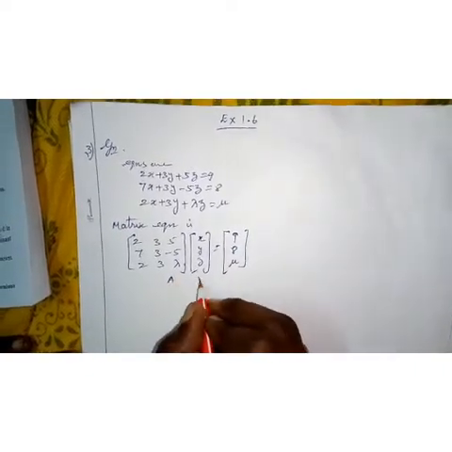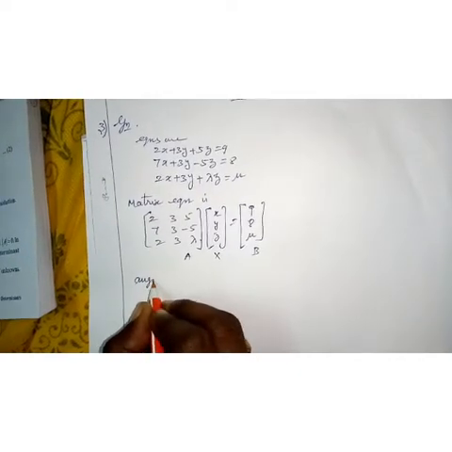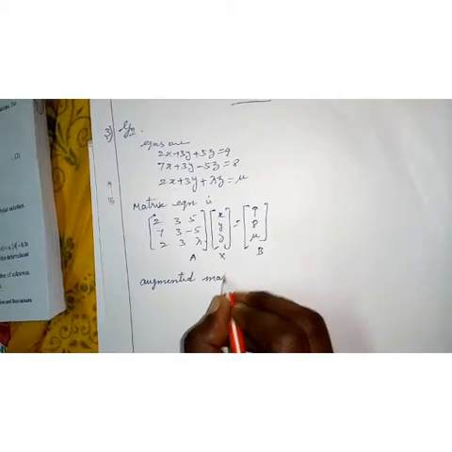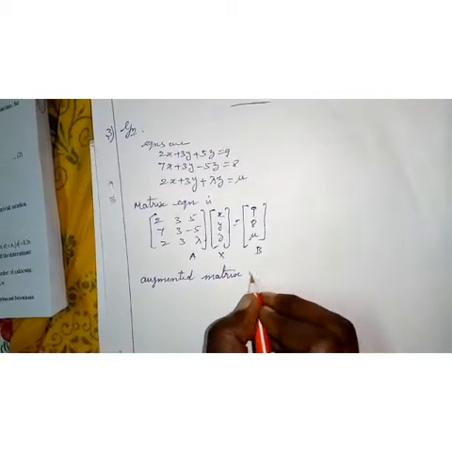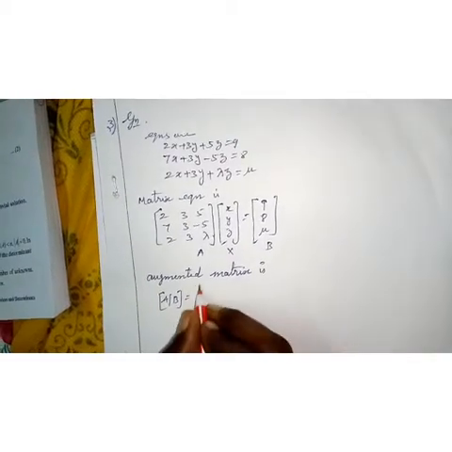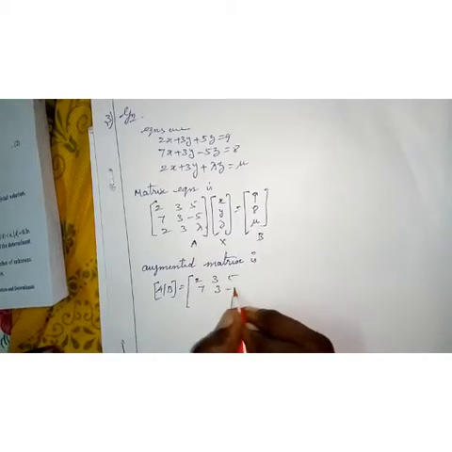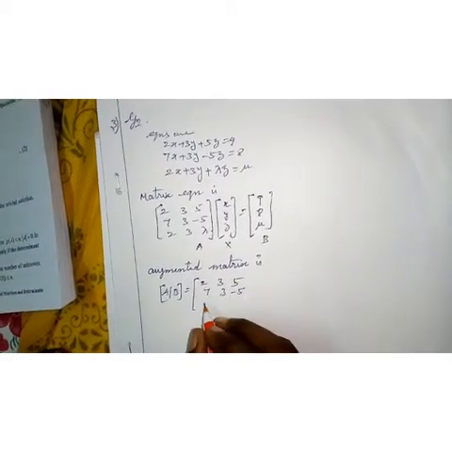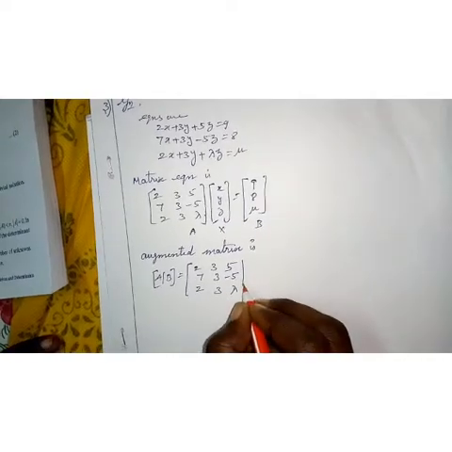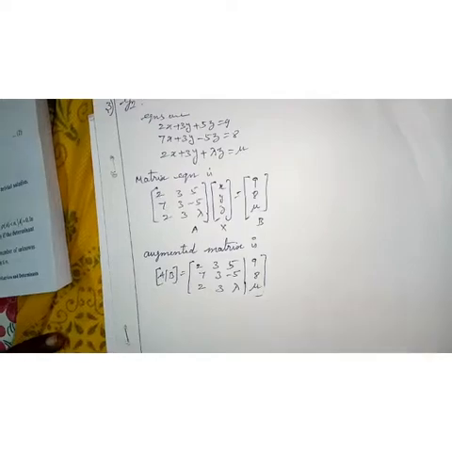Now we write this as AX = B. The next one is the augmented matrix [A|B]. What is the A value? 2, 3, 5; 7, 3, -5; 2, 3, lambda; then 9, 8, mu. Is it clear?